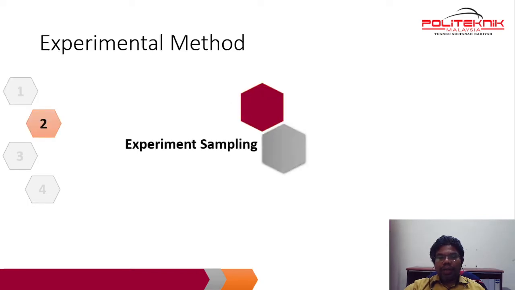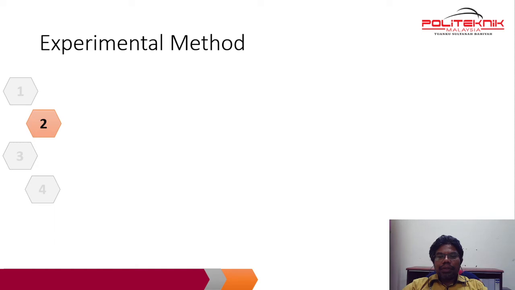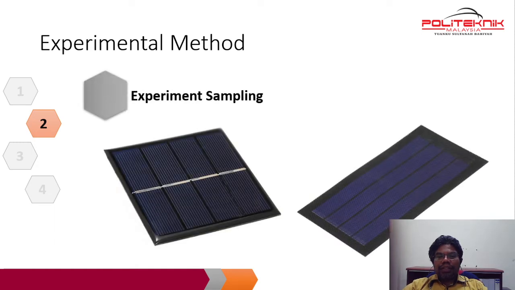Okay, for the second part, experimental sampling and research instrument, we are focused on two types. The left one is polycrystalline, crystalline class, and the right one is amorphous, or non-crystalline class.